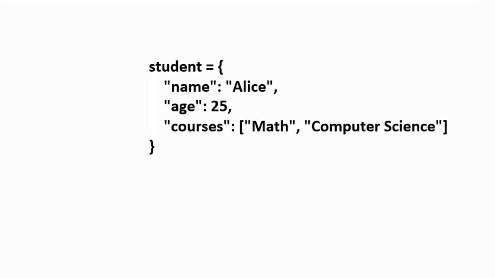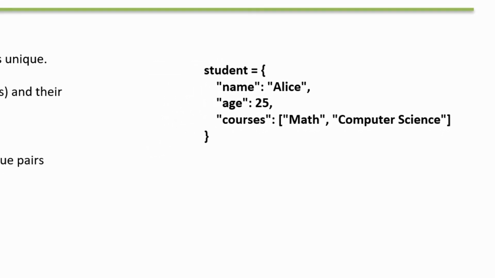Now if you see here, the name, age, and courses are the keys, and Alice, 25, and math and computer science are the values. That's how you simply define a dictionary in Python, where you have two things: one is the key and the other is the value.